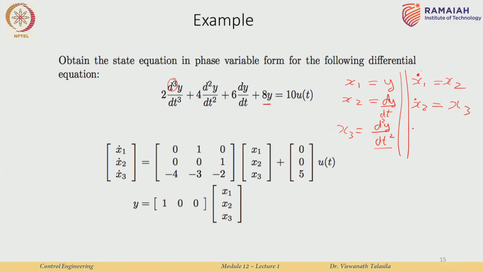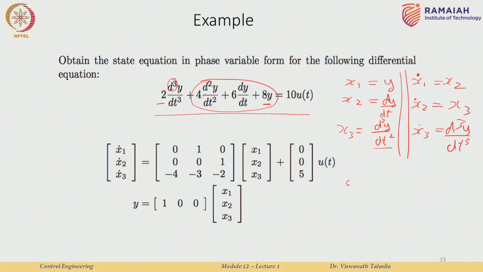Finally we have x3 dot, which is d cube y by dt cube, and d cube y by dt cube we can actually derive from this expression. So what we do is to take all these terms onto the right hand side and then divide with the factor 2, that is going to give d cube y by dt cube.